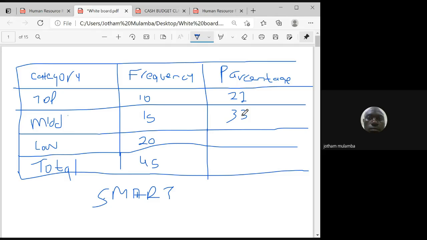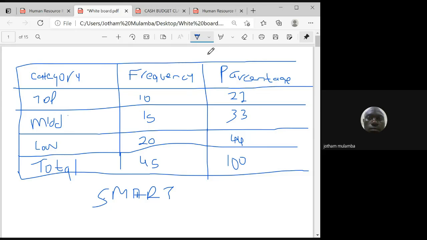The last one will be 20 over 45 times 100. 44. So right here, 44. So total will come to 100.